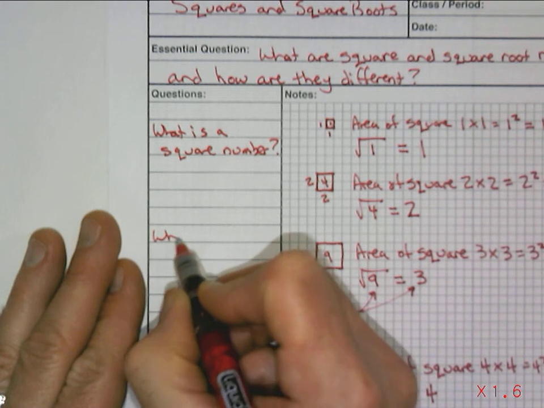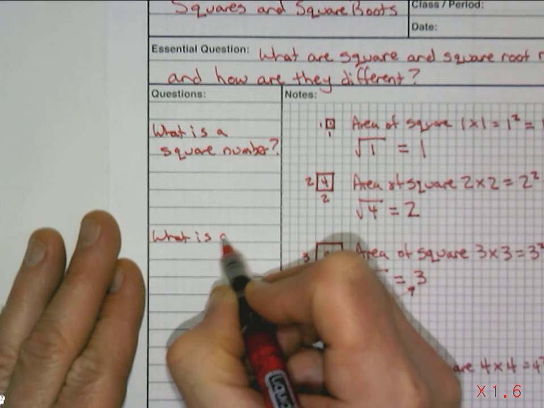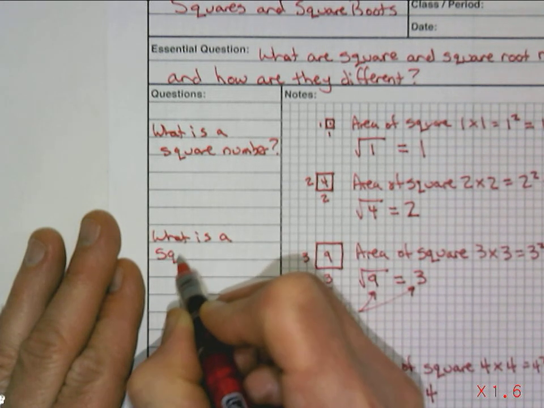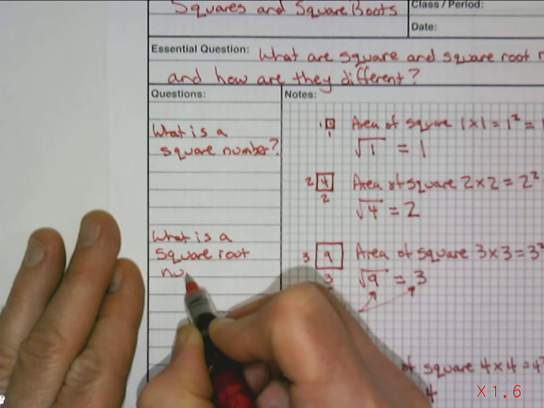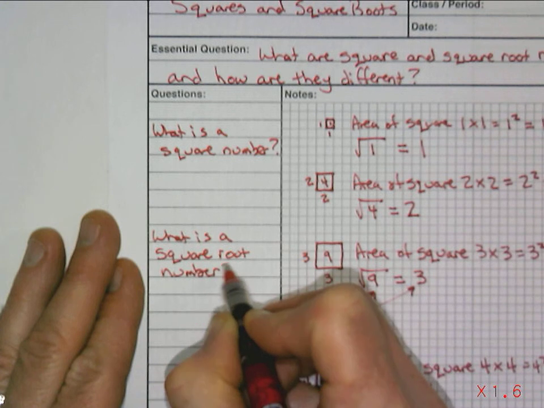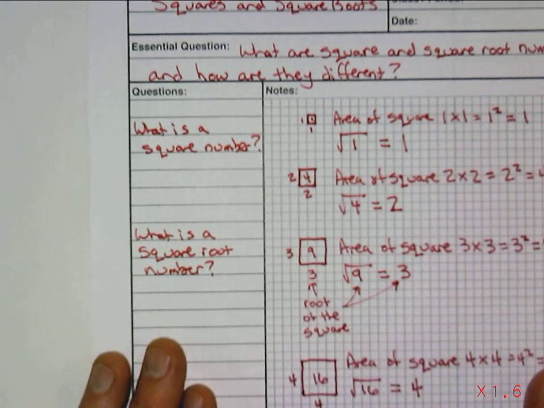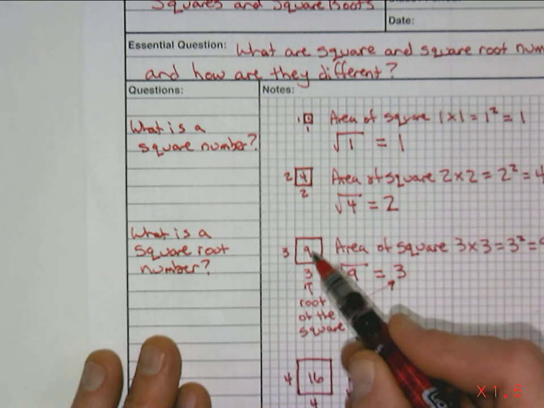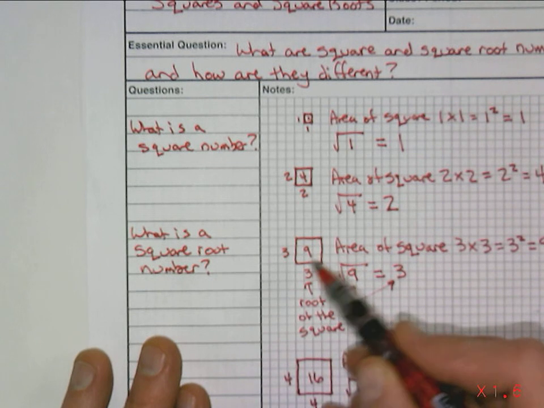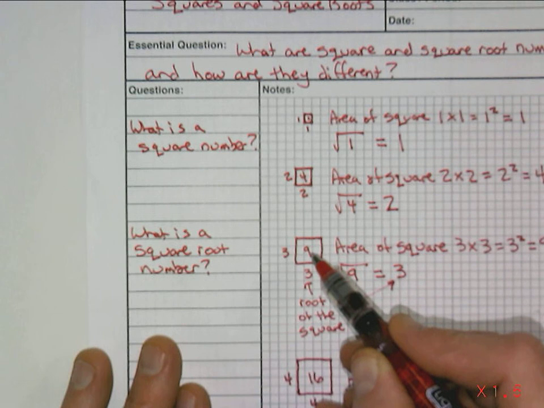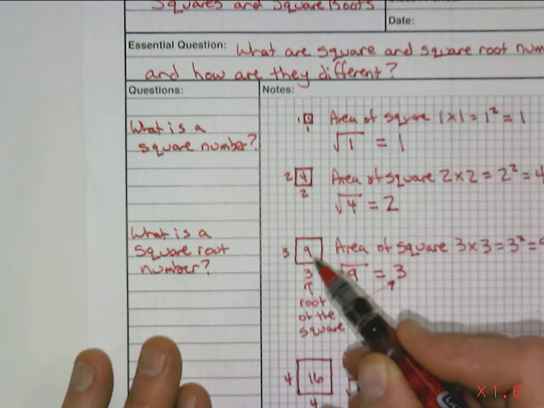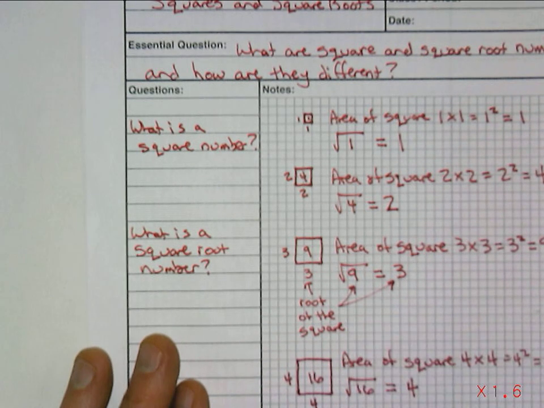And then what is a square root number? Hopefully we see that a square root number is the root of the square, or the side length of the square from its area. So we start with the area and we work to that.